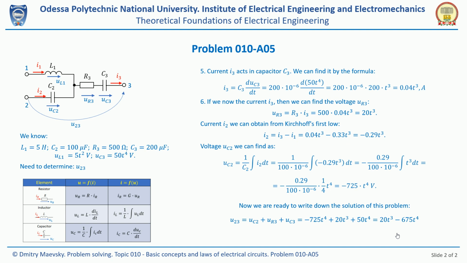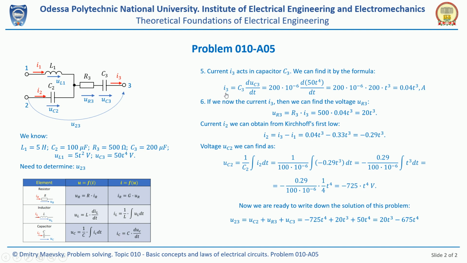Now we can obtain the current I3 that acts in capacitor C3. We know voltage on capacitor C3 in our case, and we should obtain current of this capacitor.